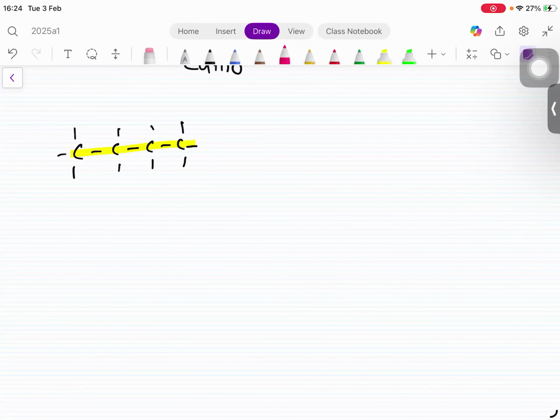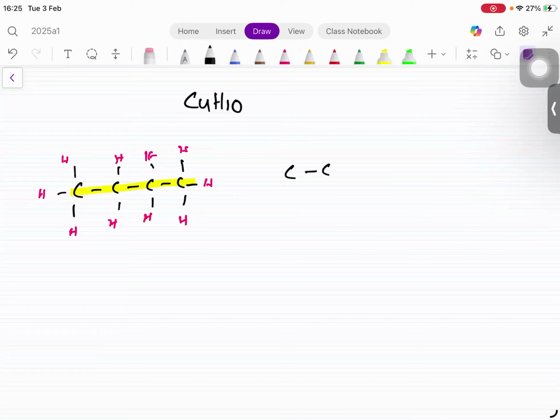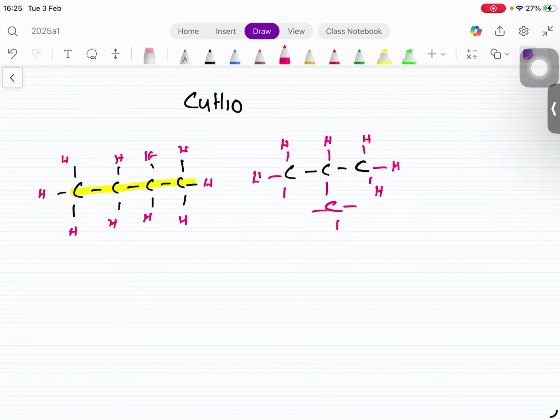Okay, if I look at the hydrogens, 1, 2, 3, 4, 5, 6, 7, 8, 9, and here that, right? If I draw the same organic compound, but instead of putting 4 carbon in the chain, I put 3 carbon in the chain and the fourth one in the form of a branch. This is again C4H10, but these two are different structures.